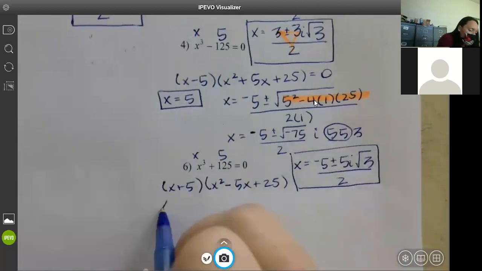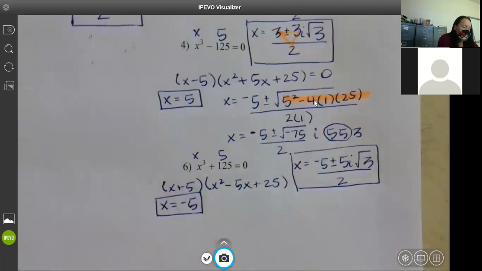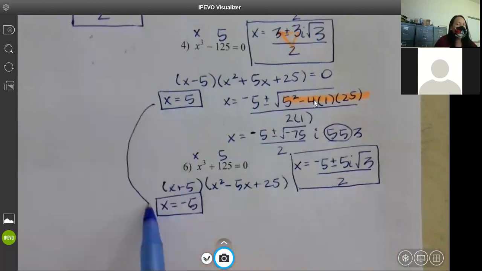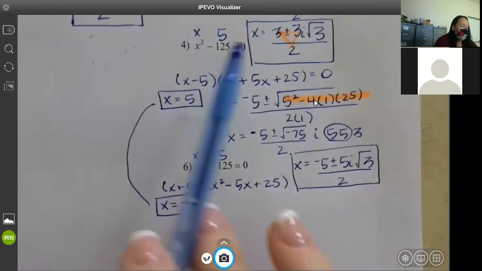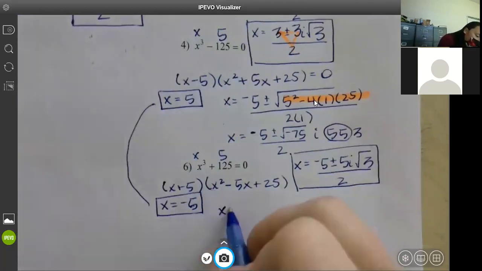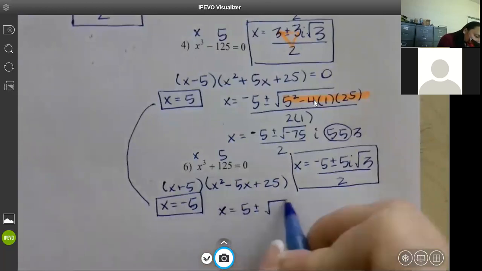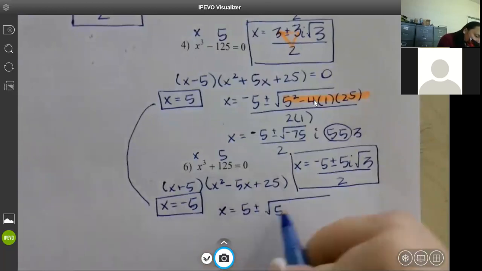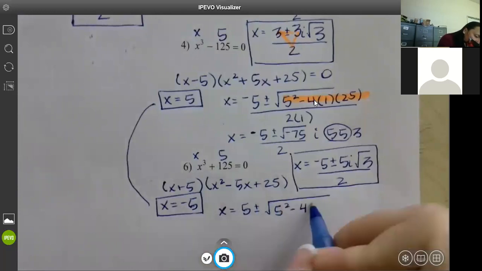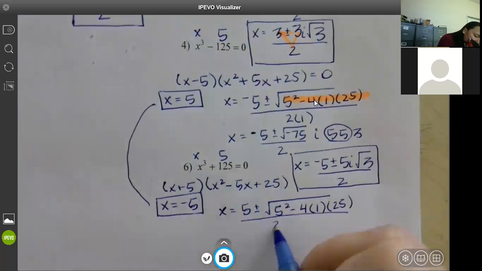Here's the difference. Your first answer is going to be changed. So see the difference in these two. The only thing we did was go from a negative to a positive in the problem. In the second one, we're going to have x equals positive 5 plus or minus the big fat square root of 5 squared minus 4 times 1 times 25, all over 2 times 1.